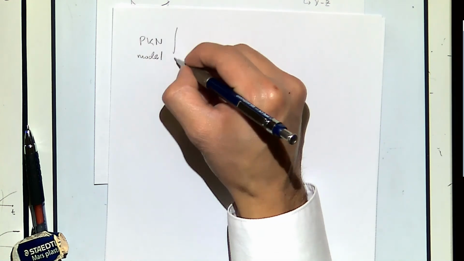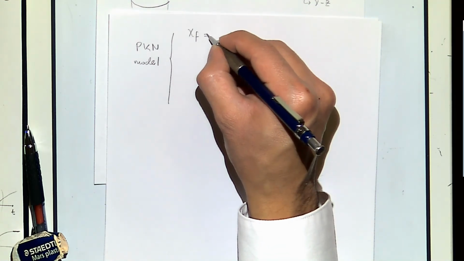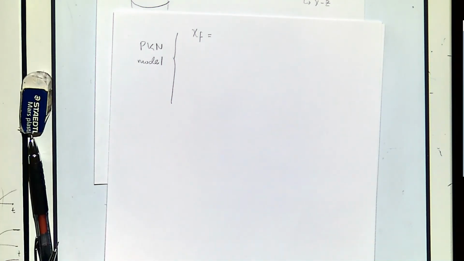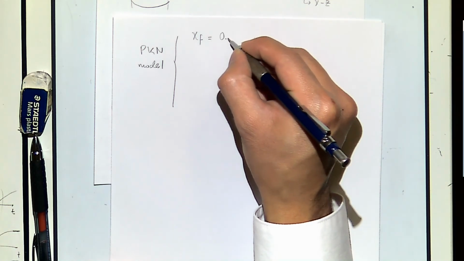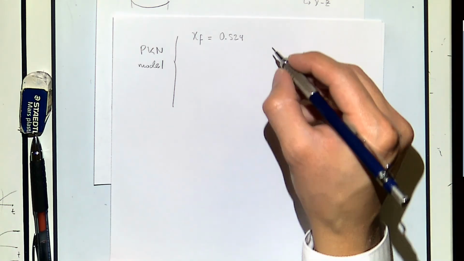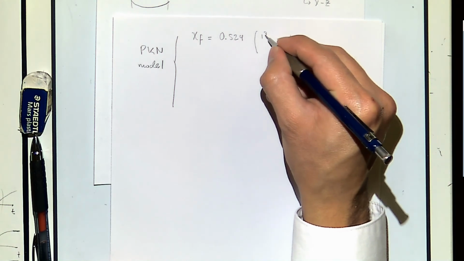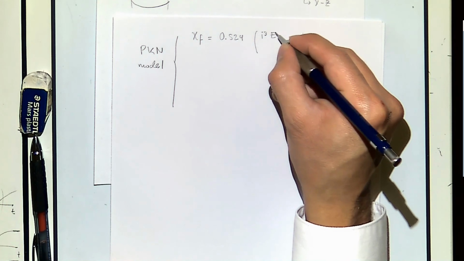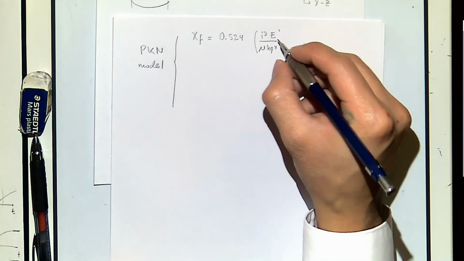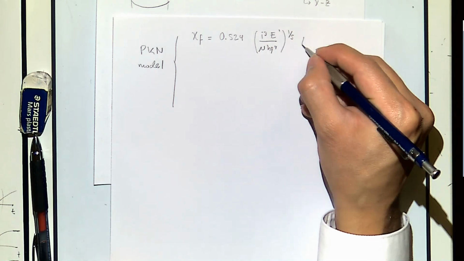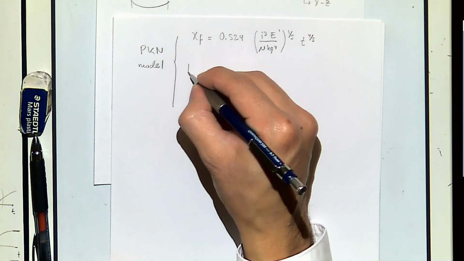that are going to tell me what the fracture half length is as a function of time. This is just a numerical value. It has pi in it. And here I'm just putting all the equations together.